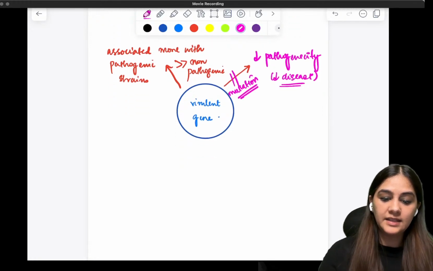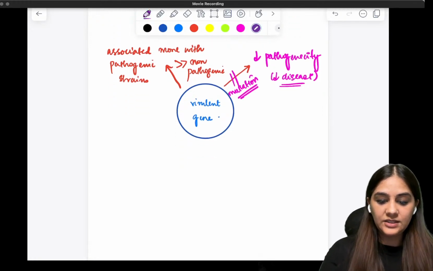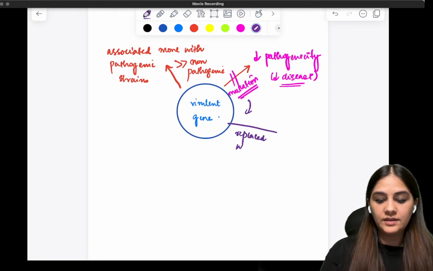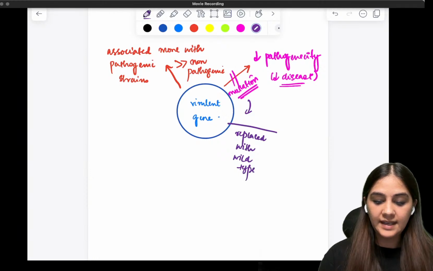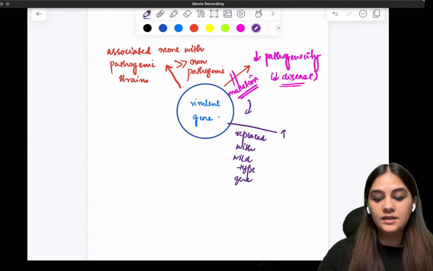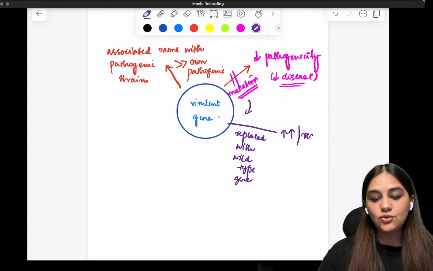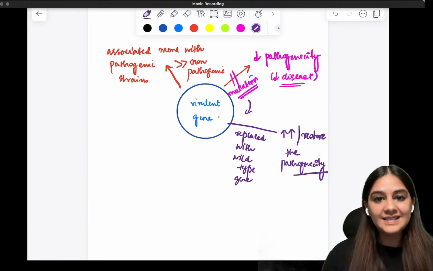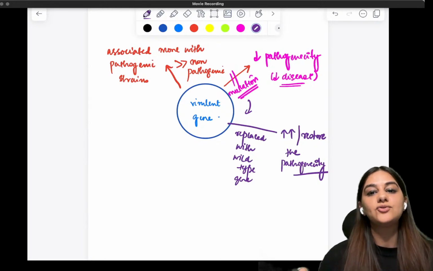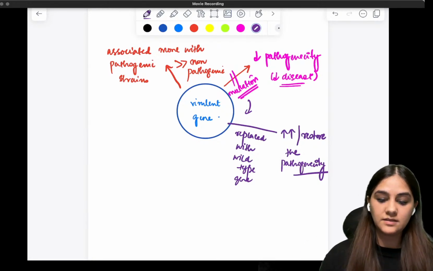Then they said that if this mutated gene was replaced with the wild type, the one that's containing the virulent gene, then it will increase or restore the pathogenicity of this organism.